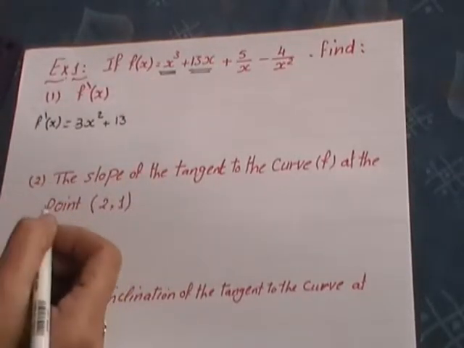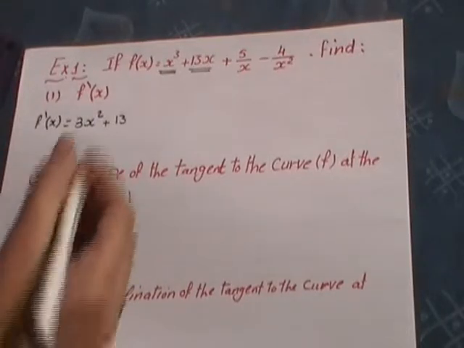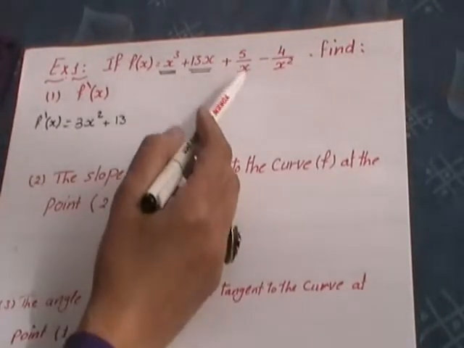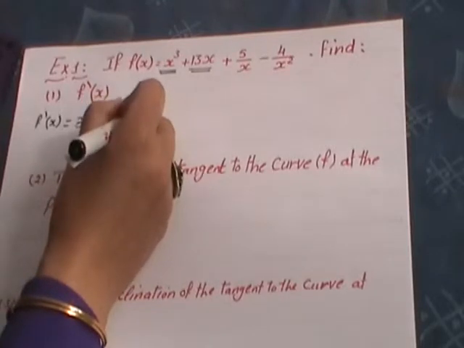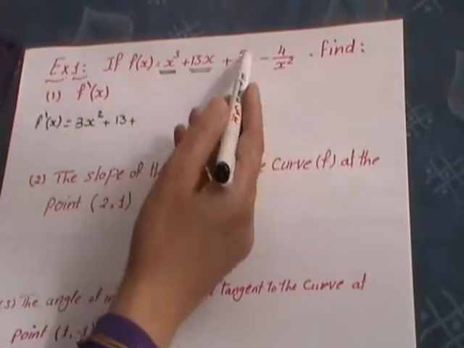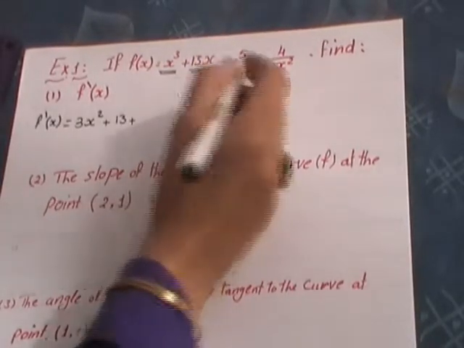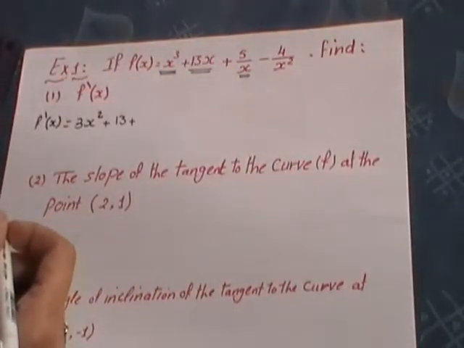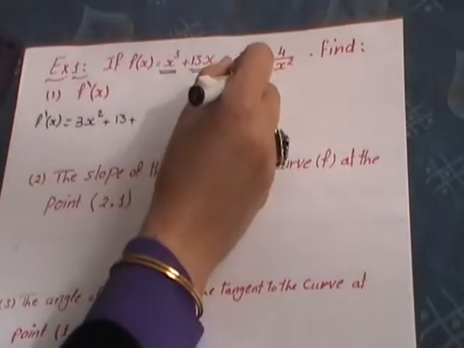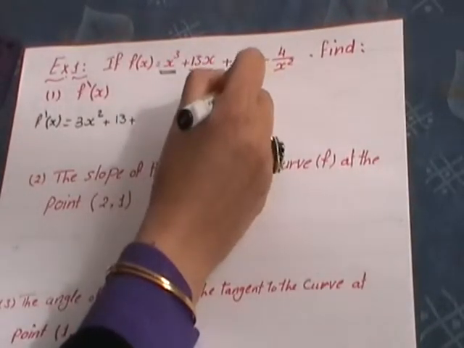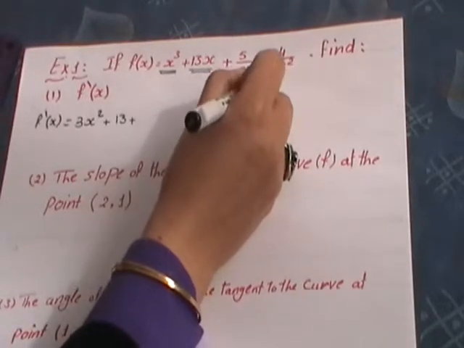So we didn't write x because its differentiation will be 1. Plus 5 over x. We know that 5 over x, meaning that we put x in the numerator by negative power, will be 5x power negative 1.